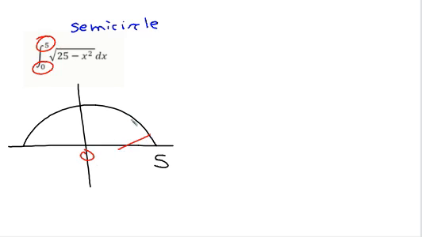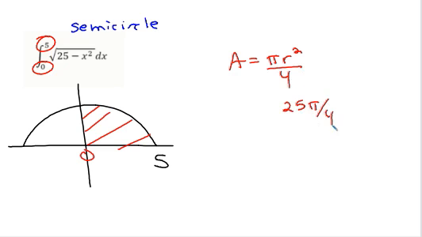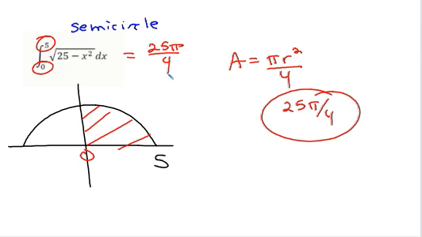So we're only looking at this area in here. So this is just the area of a circle, pi r squared, divided by 4. That's all we would have to do on that problem. The radius is 5, so I will have 25 pi fourths. And we have evaluated that integral using a known area.